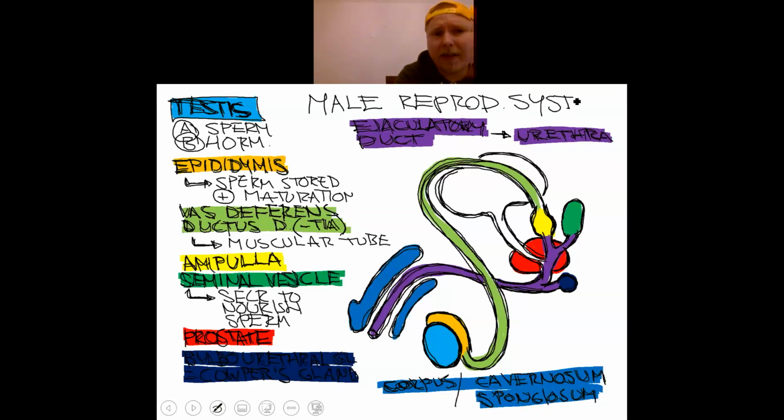What we're noticing here is that, first of all, the male primary sex organ was testis.